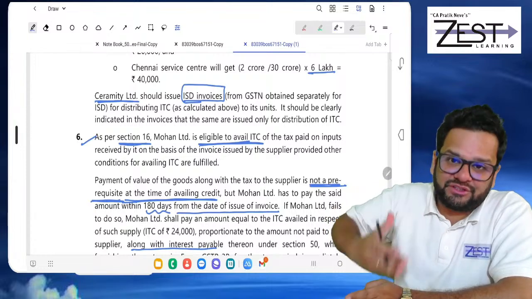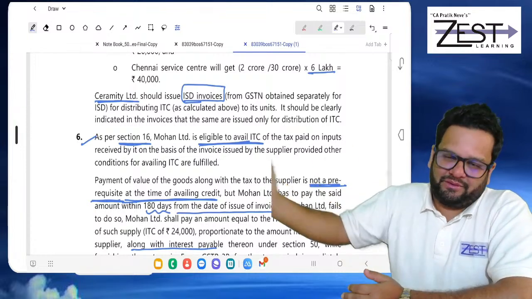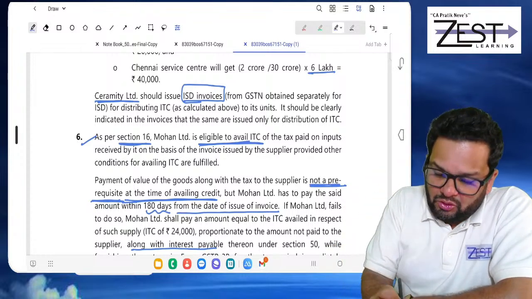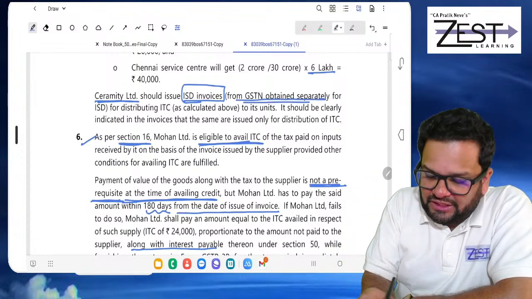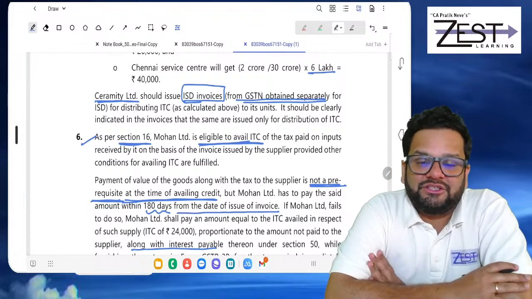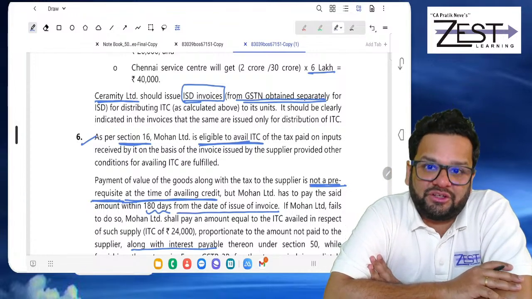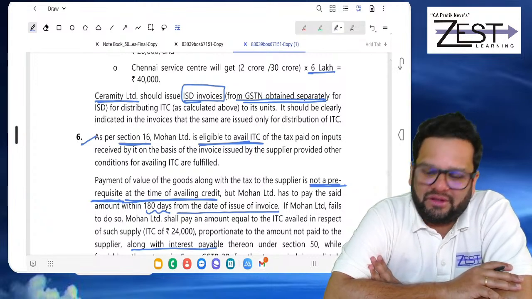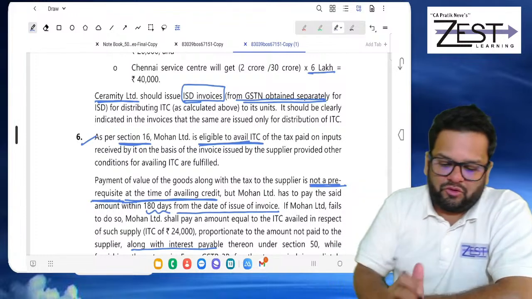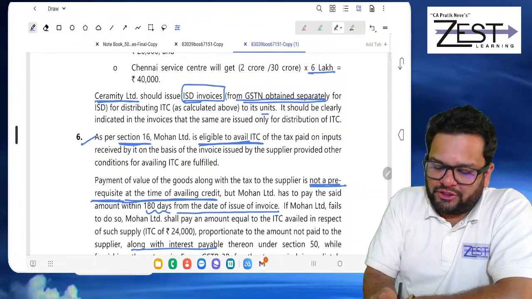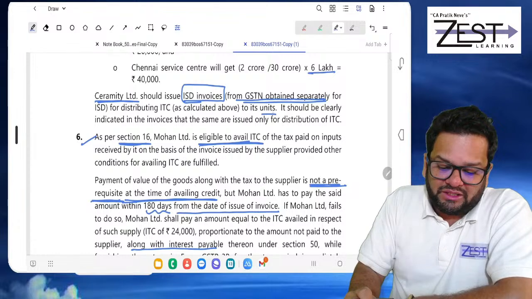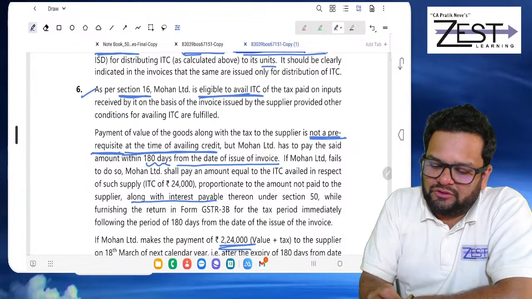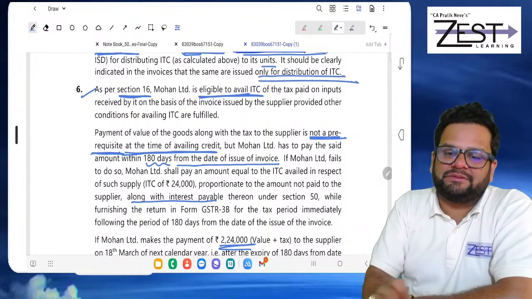The input service distributor will give a document, which I am calling ISD invoices. All of you know that a GST identification number, that is a registration, has been taken separately for the ISD for distributing ITC as calculated to the above units. It should be clearly indicated in the invoices that the same is issued only for the distribution of ITC.